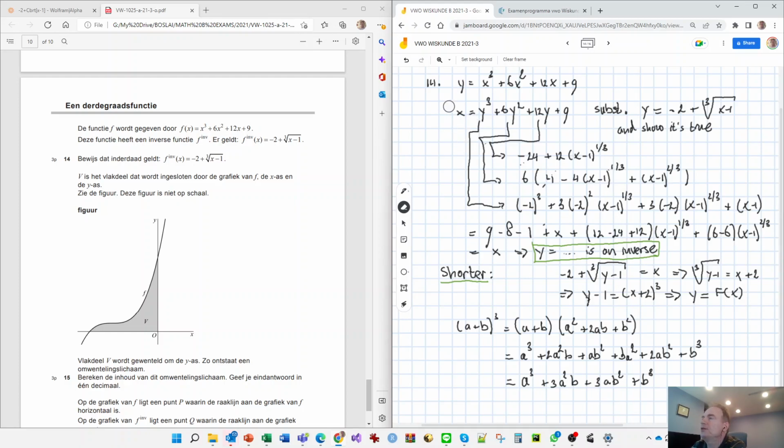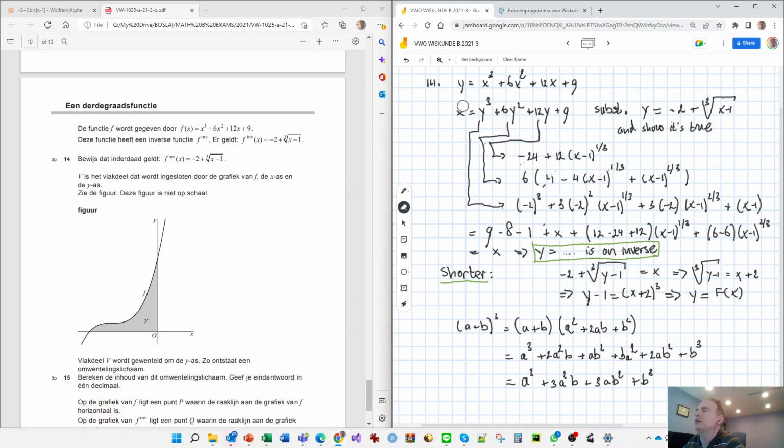So what you can do is take the original function, and as you all should know, finding the inverse is just switching x and y.